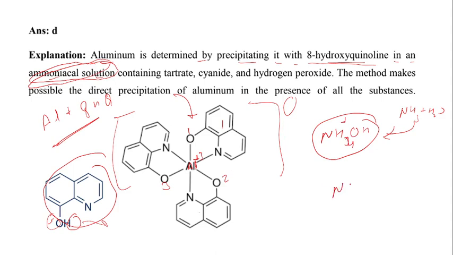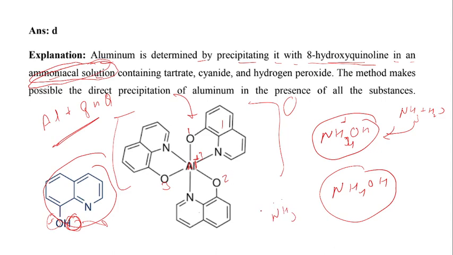So let me write clearly, ammonium hydroxide. Why are we adding ammonium hydroxide? Because we need to remove this hydrogen ion. How will this hydrogen be removed? Suppose ammonia is there.